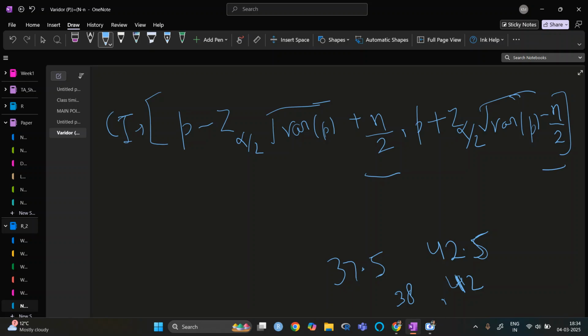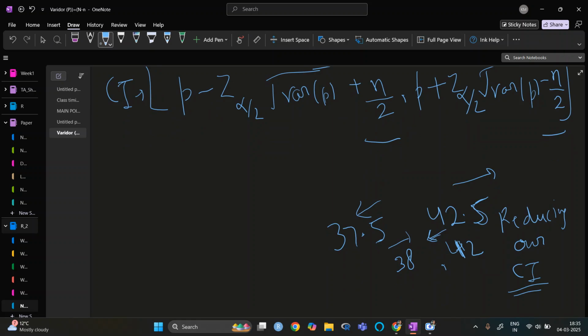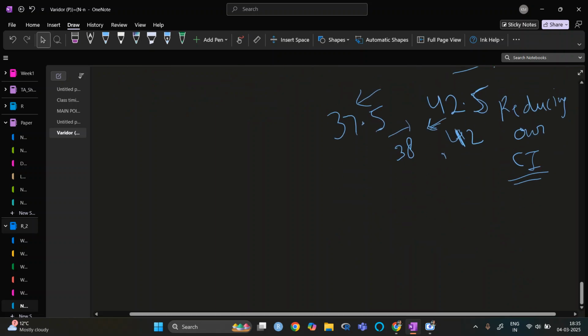So we are not pushing it to this side, we are pushing it to this side. So we are reducing our confidence interval, we are not increasing it. When we do this correction, we are reducing it, not increasing it for the real one.